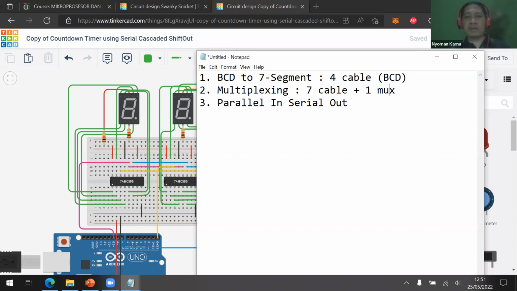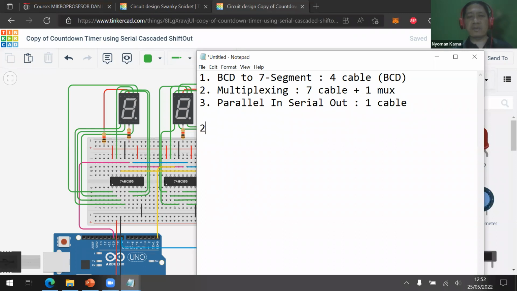In parallel in, serial out, we just need one cable. Okay, so that's the number of cable that we're going to use if we are using each of the solutions.